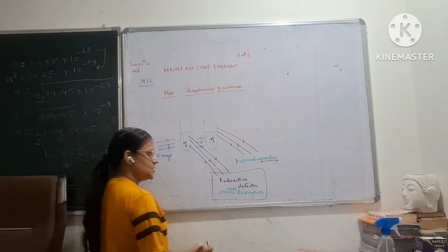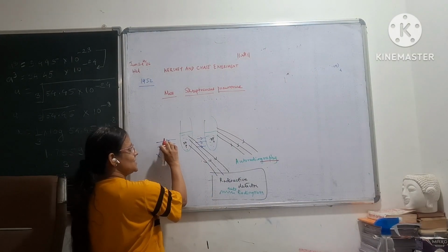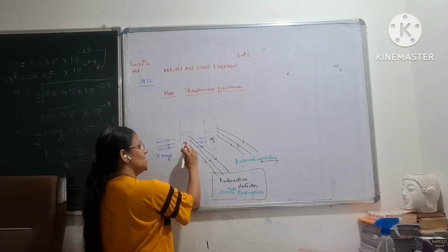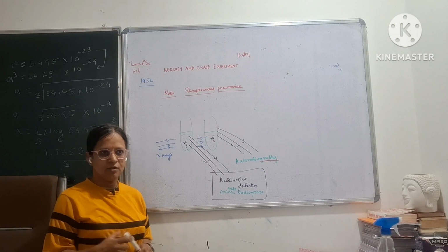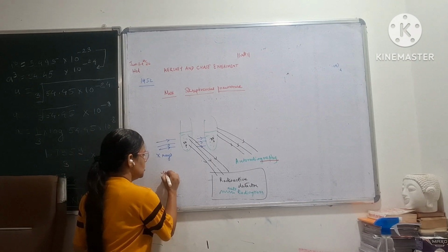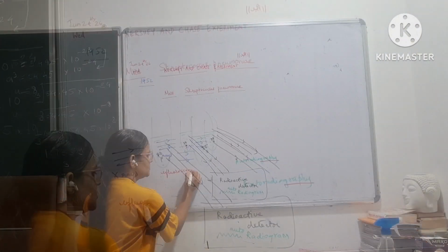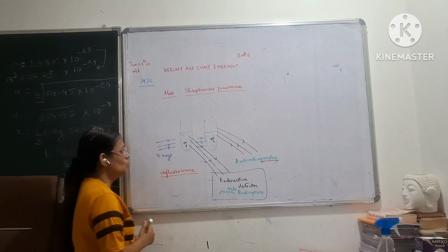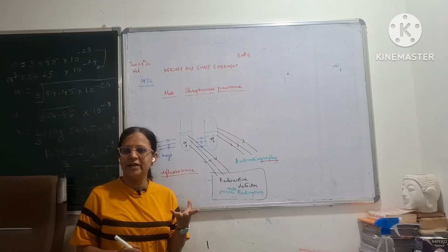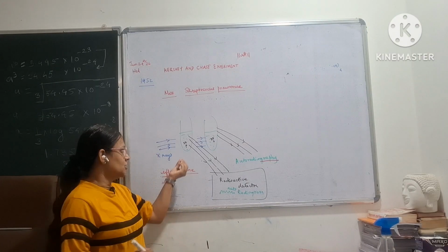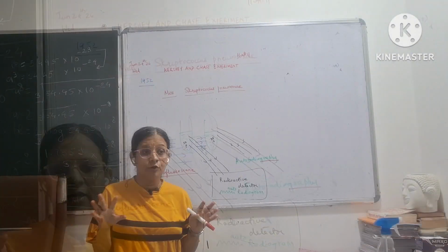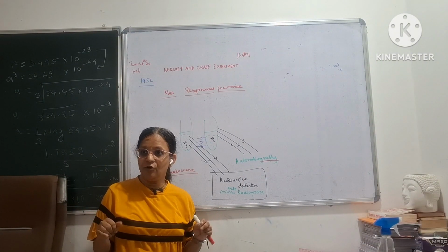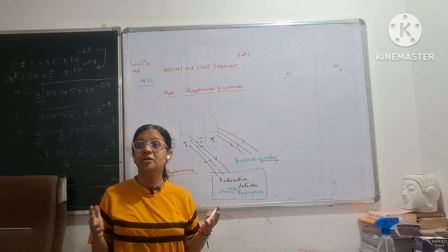Now what happens is when you pass these X-rays through the solution containing radioactive isotopes, there will be fluorescence. Fluorescence meaning they will shine, they will be bright, they will illuminate. The radioactive isotopes will show fluorescence. It's just like fluorescent colors, how they look: fluorescent green, fluorescent yellow, they are very bright.